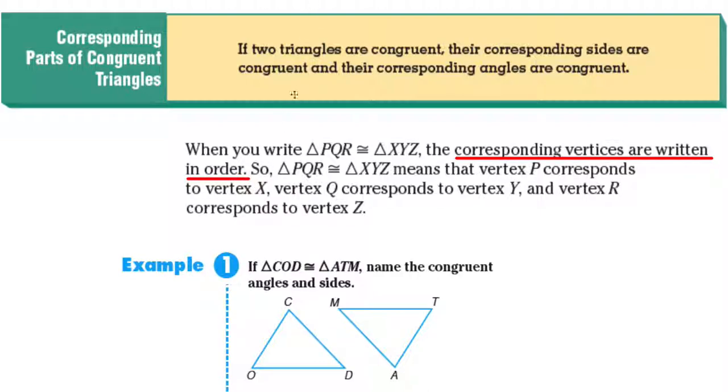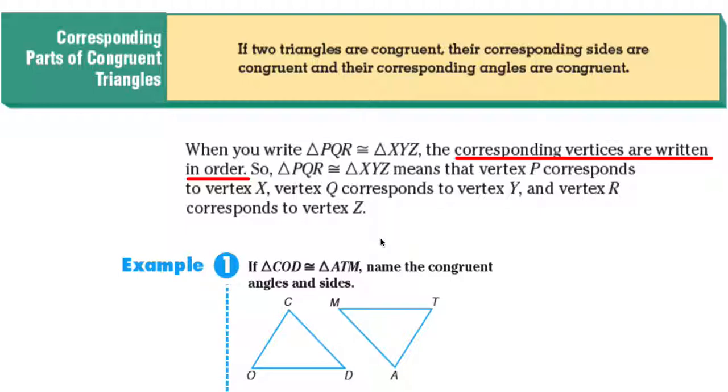So triangle PQR is congruent to triangle XYZ means vertex P corresponds to vertex X, vertex Q corresponds to vertex Y, meaning they're in the same position, and vertex R corresponds to vertex Z.